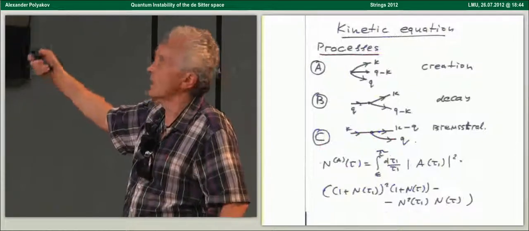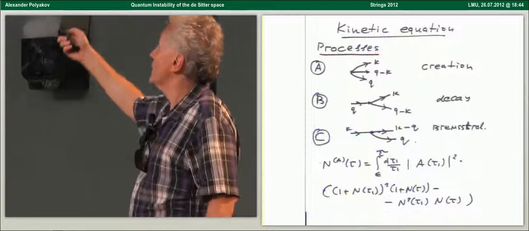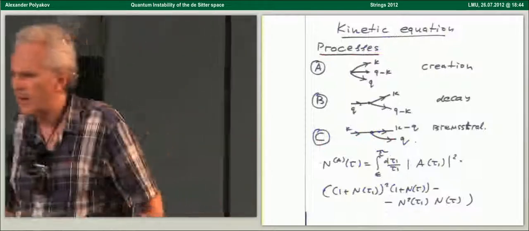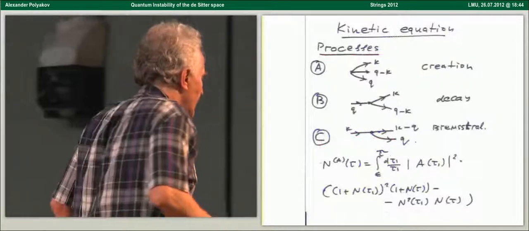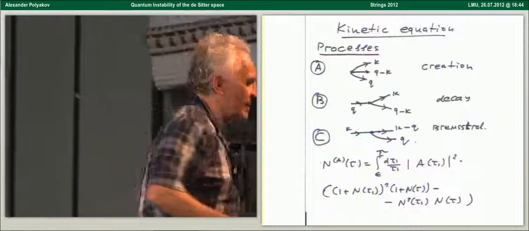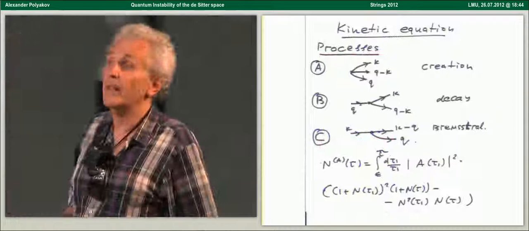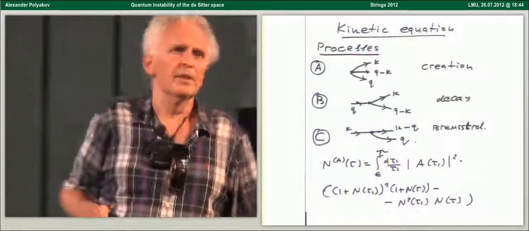The leading logs are summed in principle by the Boltzmann equation, and there are several processes to be taken into account, but it's a complicated matter and it's not completely solved. I must say that kinetics is always a dangerous terrain. For example, the kinetics of dielectrics, which is somewhat similar to this equation.